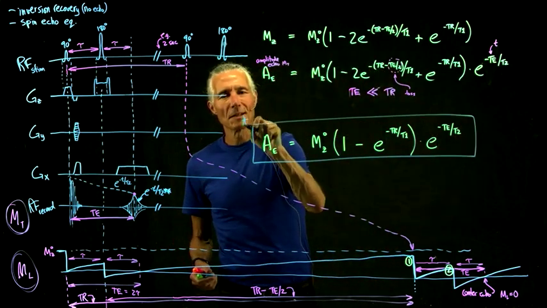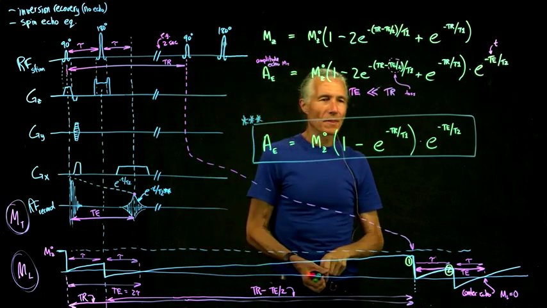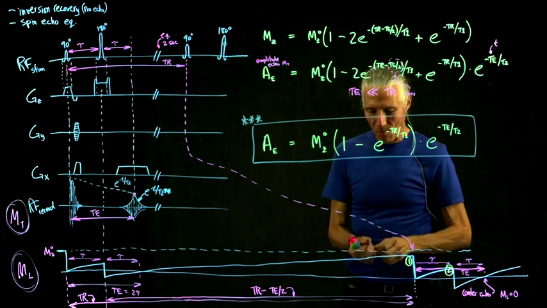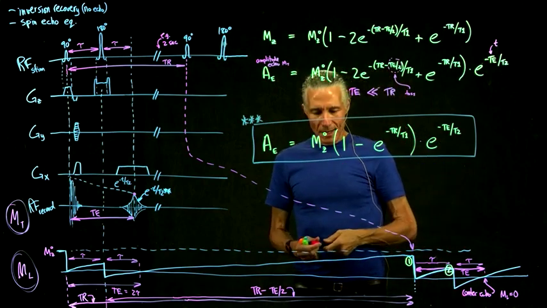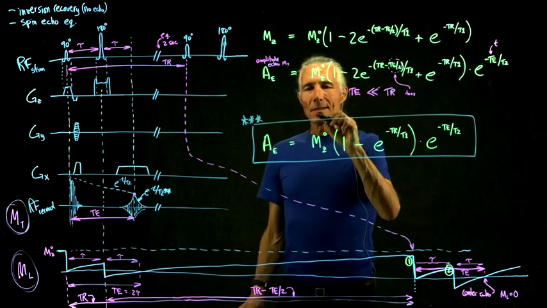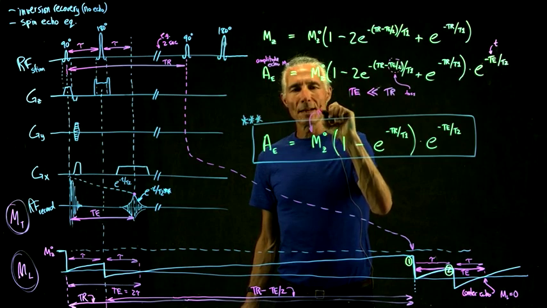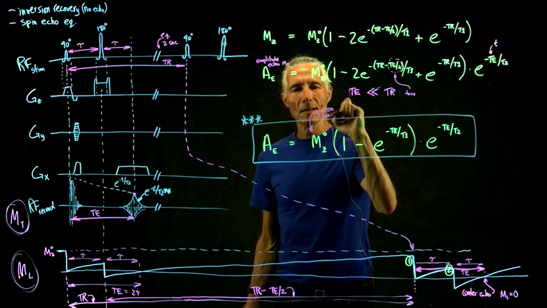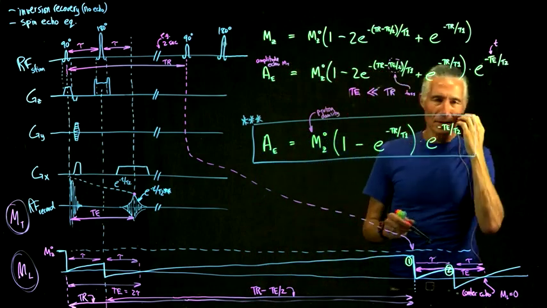So this is the main result. What does it have in it? It's got tissue properties in it. So what are the tissue properties? This is basically the proton density, that's just the number of protons times the Tesla.